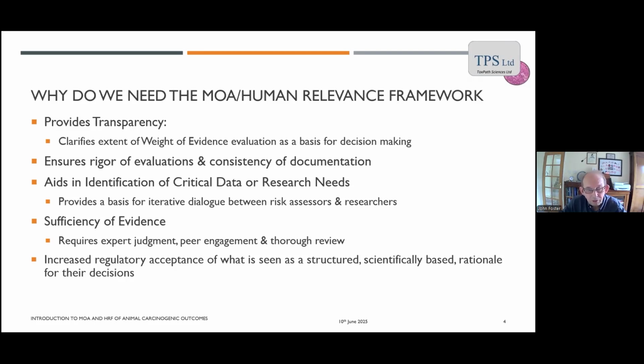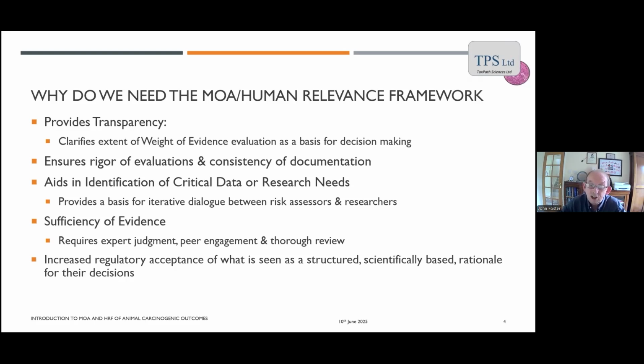Part of the process requires a sufficiency of evidence, and it's jargon, of course, and if you look through, it might not immediately occur to you what exactly that means. But it requires expert judgment and peer engagement, so you have to try your mode of action, especially the outcome.